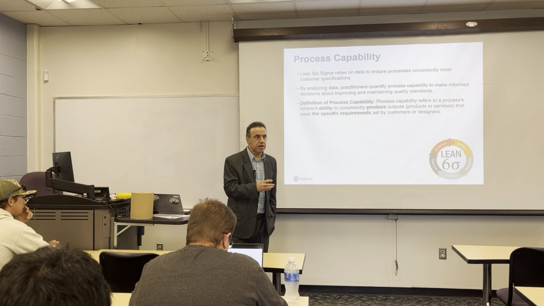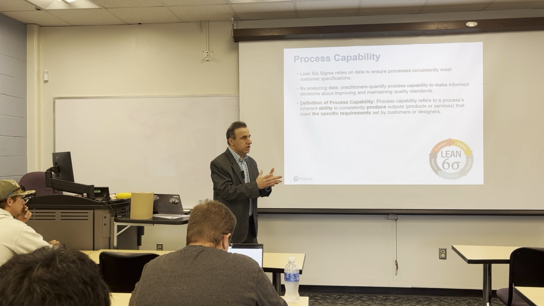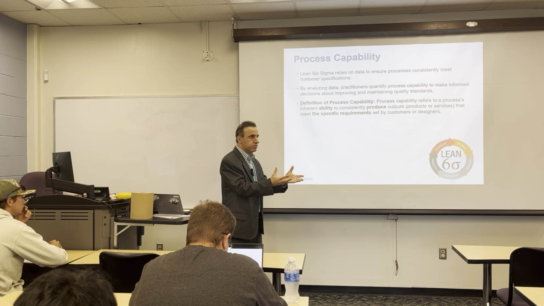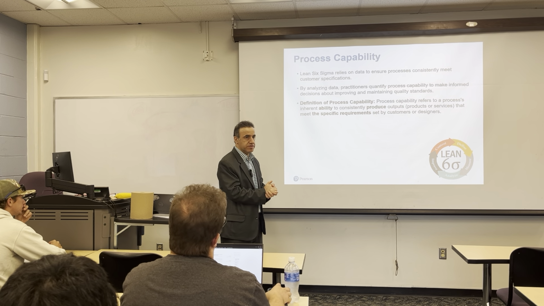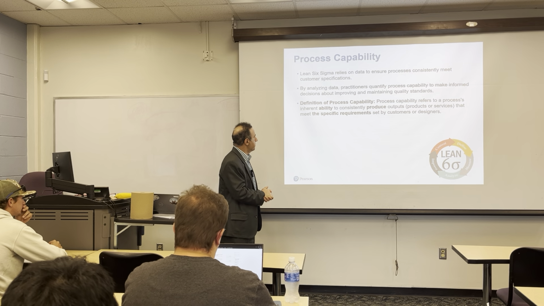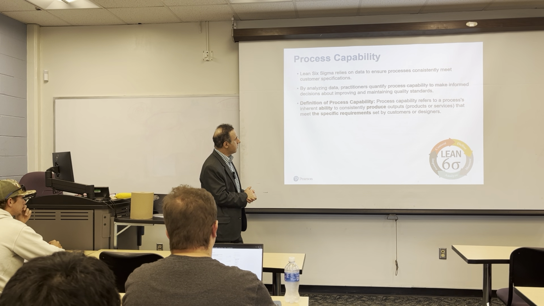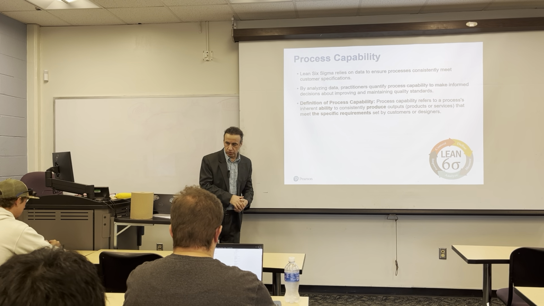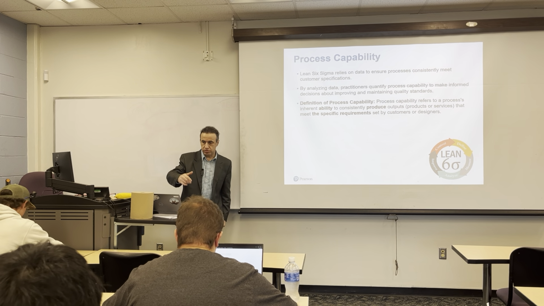The output can be different. It can be products, real life products. Sometimes it can be service. So whether your process is going to meet those specific requirements that were set by the customer or designer or another section.